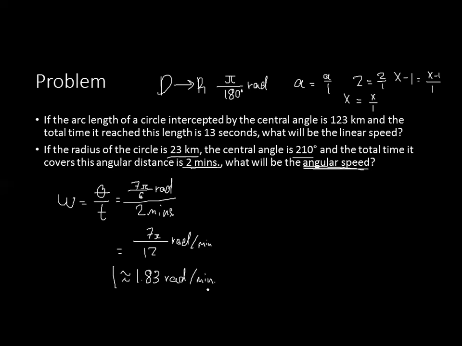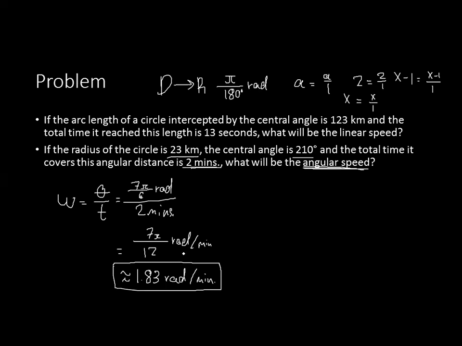So that is our final answer. If you wish to convert a minute into seconds, then it's okay. Remember, the way you will convert this one is the same way I convert kilometer to meter. So it's up to you if you're going to convert it into seconds.